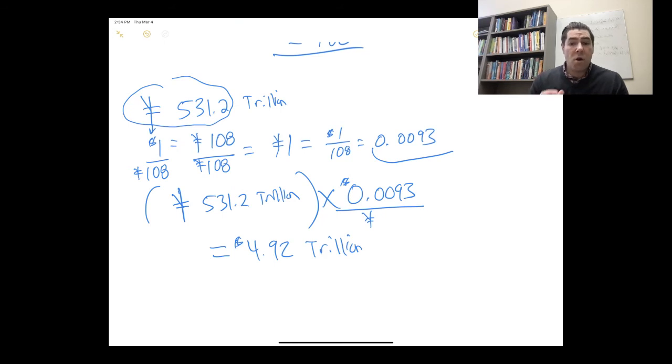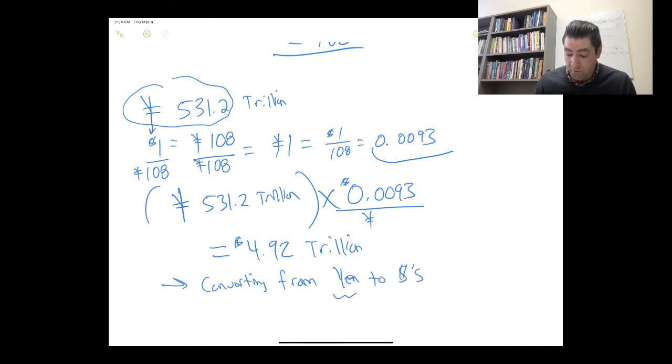It's just a matter of knowing via practice what's the appropriate exchange rate, right? And if I'm converting from another currency to US dollars, I want to make sure that I have that currency per dollar, right? So in other words, converting from yen to dollars or any other currency, right? So in some of the homework problems, there's different currencies.